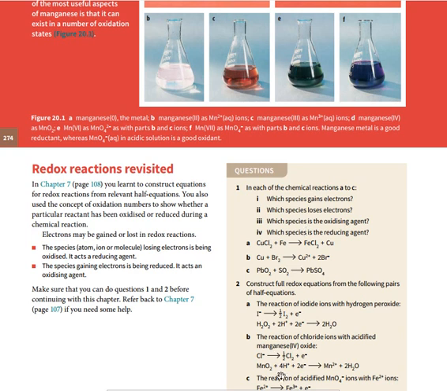So let's take this other case. When you have these two half equations, you have chloride ion and chlorine. In this case the chloride ion is going to convert to chlorine with the release of one electron, while manganese dioxide, MnO2, absorbs two electrons.